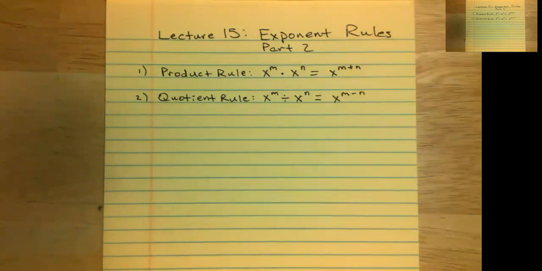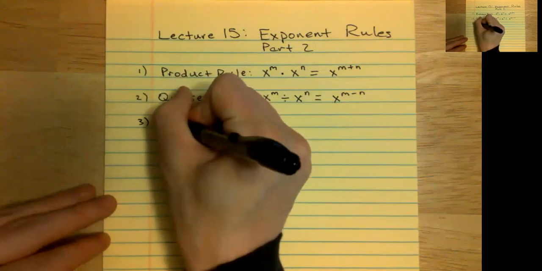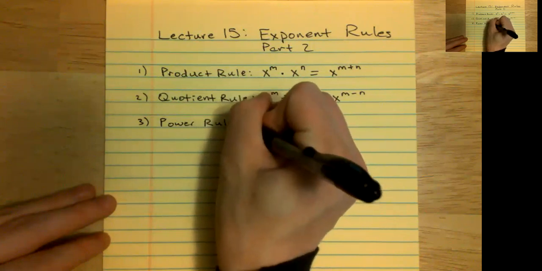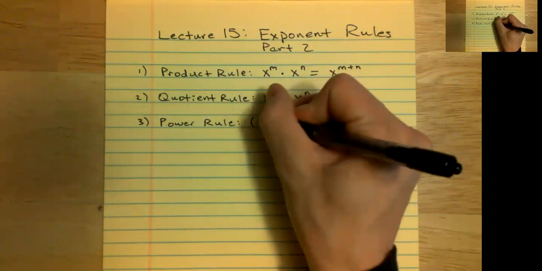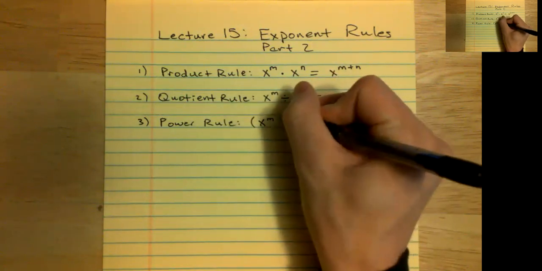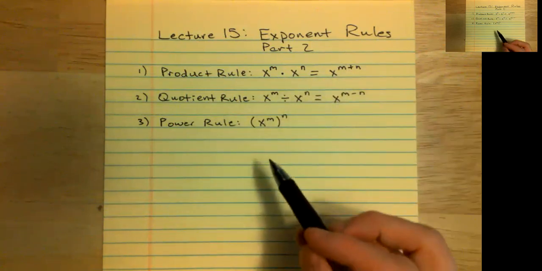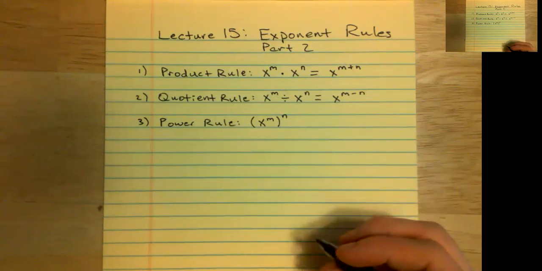Okay, now let's talk about the power rule. The power rule is when we take something to an exponent. So let's say I had x to the m power, and I'm actually taking that to an exponent n. M and n can be the same number, but they can also be different numbers, right?